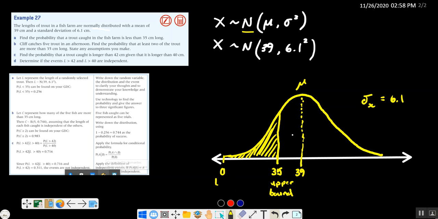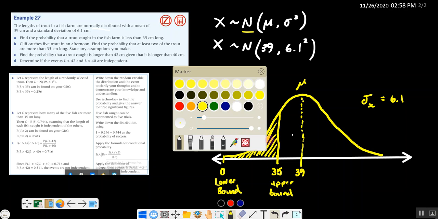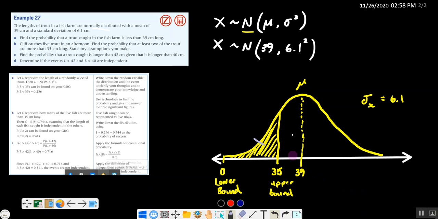The lower bound being 0 in this case shouldn't matter. Doesn't matter if you do something else, but we should at least go to 0. All right. So what does that region represent again? So it's the probability that x is less than 35.